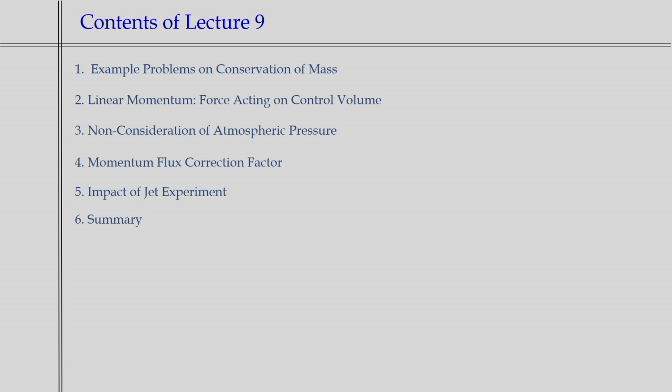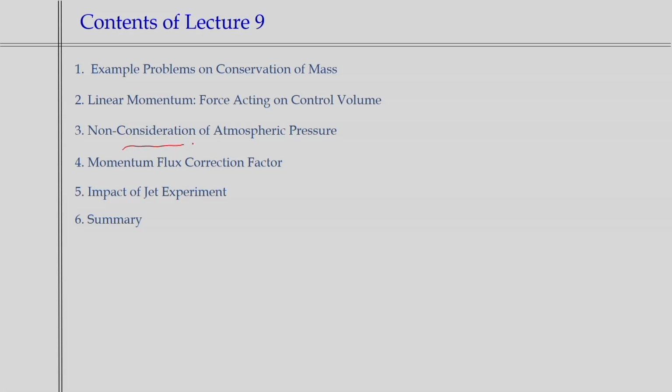Let me come back to today's lecture, what I will cover. First, I will give a few more examples on conservation of mass. Then we will write the linear momentum equations for fixed control volumes and moving control volumes.